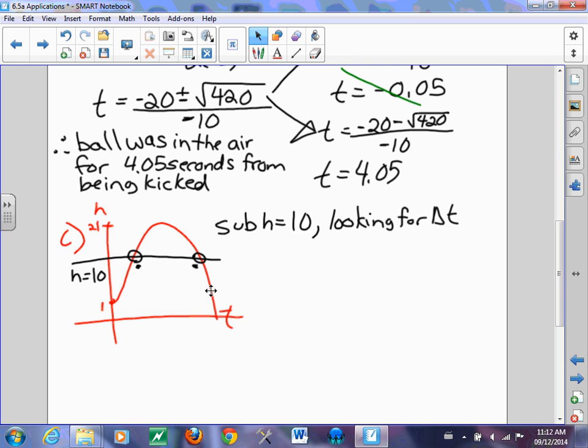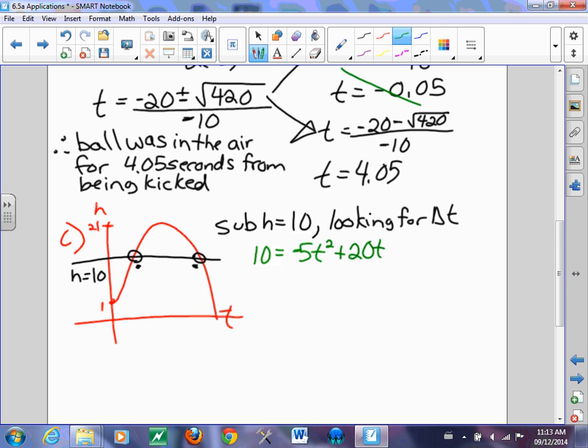So we're going to sub 10 in, folks. You're going to have 10 equals negative 5 t squared plus 20t plus 1. Make sure your t's don't look like a plus sign. Move the 10 over, and it becomes negative.